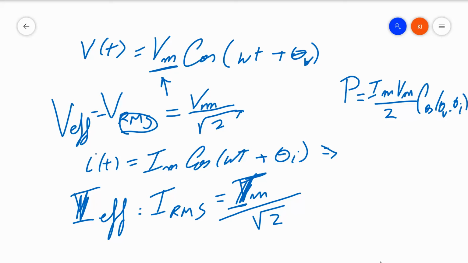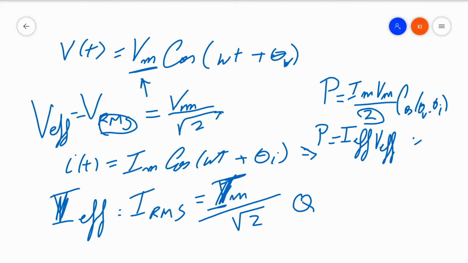So instead of writing it this way, they can now write P in terms of I effective. It's not a big deal, but it's enough of a confusion. Since this 2 can be written as square root of 2 times square root of 2, you can take Im divided by square root of 2, write it as I effective, and V effective. And the cosine is still there. And for Q, you can do the same thing as well.